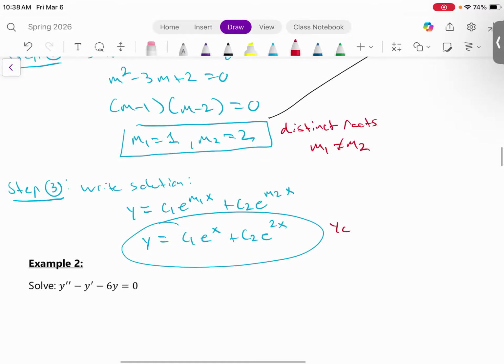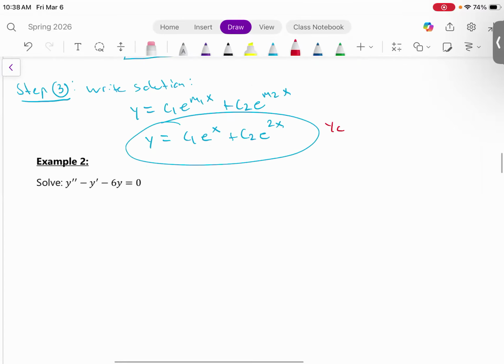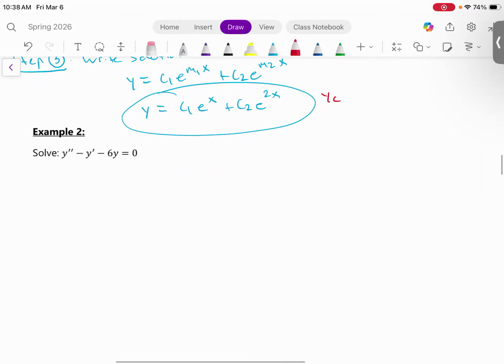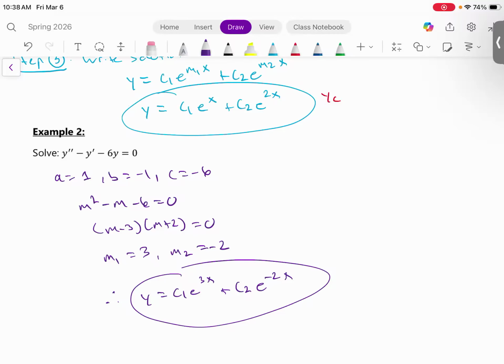Okay, so here's example 2. Why don't you guys pause the video, try it out, and then we'll see what we get. Okay, so this is what you should have gotten. a equals 1, b equals -1, c equals -6. We use our auxiliary equation.